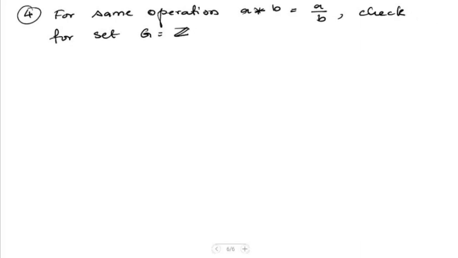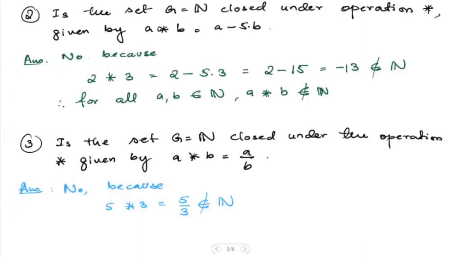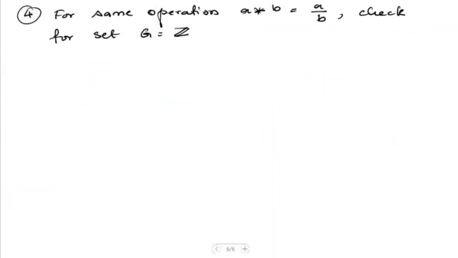So first we had natural numbers here, and now we do the same thing, but we change the set G to integer numbers, and we see if this operation, the elements that we get at the end of the result here, A divided by B, does it belong to the set of integers or not.